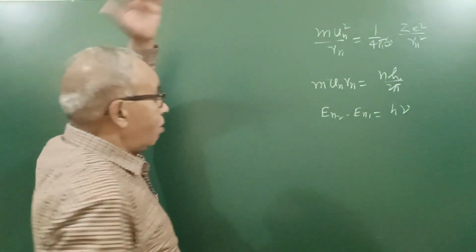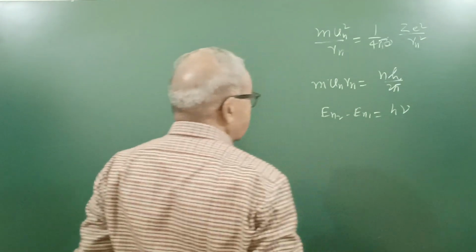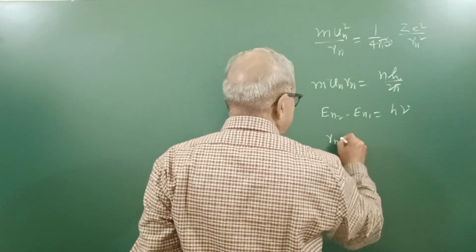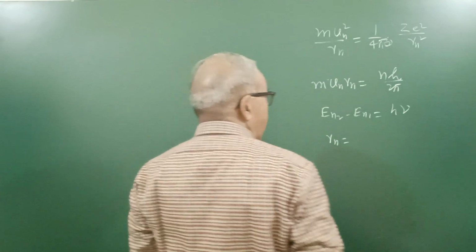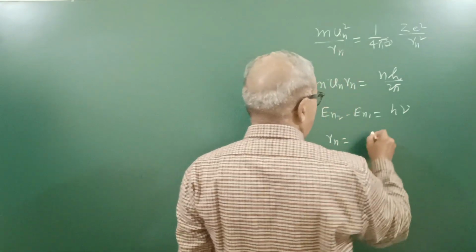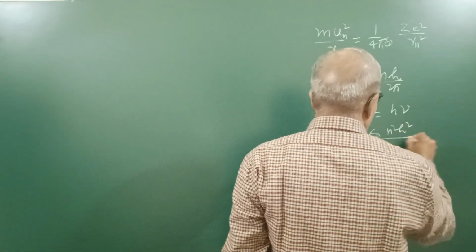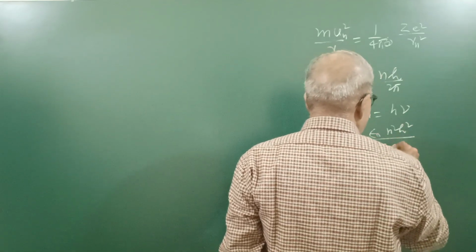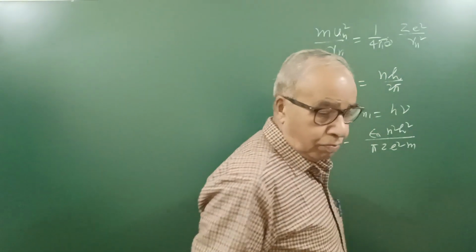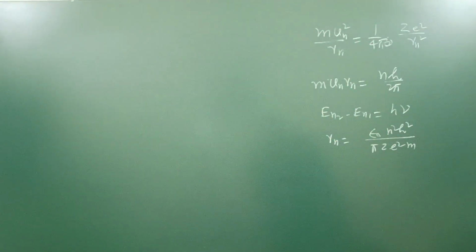Using these, I derived the radius of the orbit, r_n. That was epsilon 0 n squared h squared upon pi Z e squared m. The radius of the orbit.